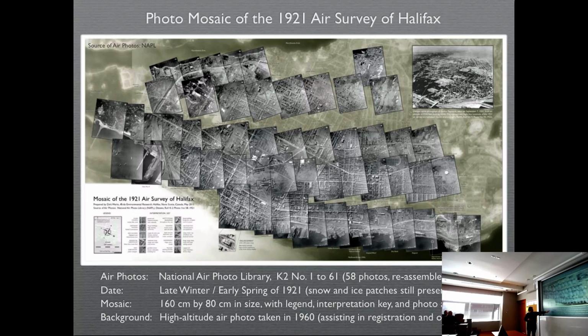The date of the acquisition is late winter, early spring of 1921. There are still snow patches and ice patches present. The mosaic itself is about 160 centimeters by 80 centimeters, and in order to reference the individual photos, I used a high altitude photo of the 1960s and the grid pattern of the streets to register the air photos of 1921 against.